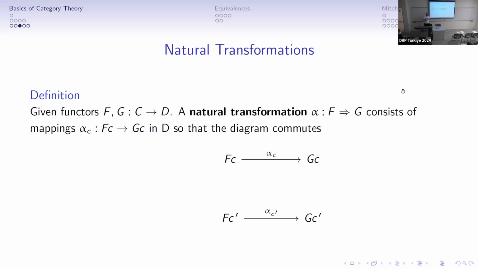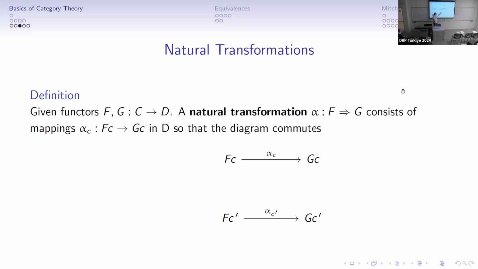So when we want to create relations between functors, we need natural transformations. A natural transformation consists of mappings. We show them object-wise. For each object of C, we have a component of the natural transformation. So you can think of a natural transformation like this.